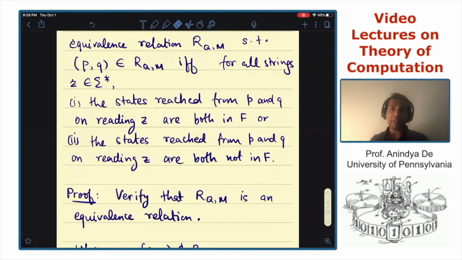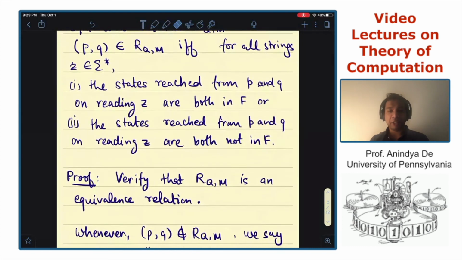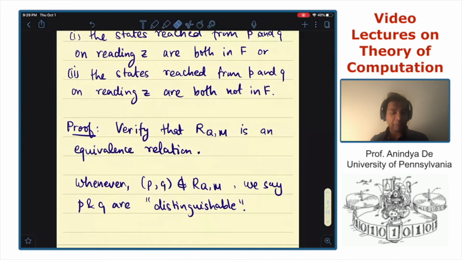Now that we have defined the equivalence relation R_{Q,M}, let me give another definition. Whenever (p, q) is not in R_{Q,M} for two states p and q, we say p and q are distinguishable.